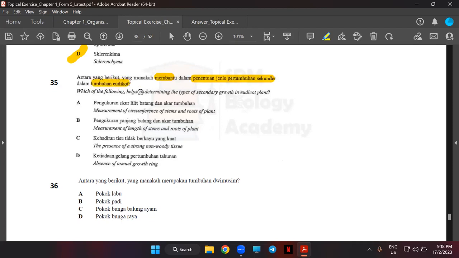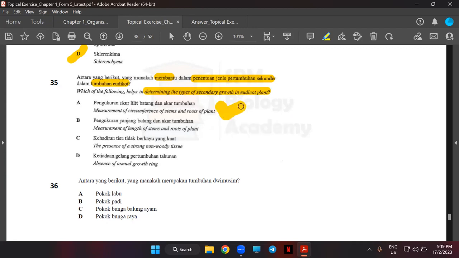Which of the following helps in determining the type of secondary growth in unicode plant? Okay, let's see. Determining the type of secondary growth in unicode plant. Penentuan jenis pertumbuhan sekunder. Pengukuran ukur lilit batang dan akar tumbuhan, measurement of circumference of stems and roots of plant.